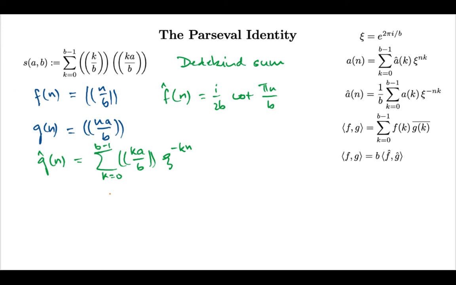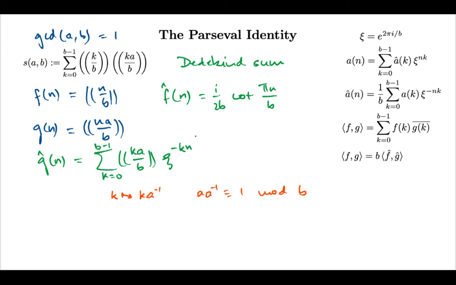I will replace k by k times a inverse. And by a inverse, I mean the inverse of a modulo b. So I need a condition over here so that I can compute this inverse. So here we need to assume that the GCD of a and b is 1. Otherwise, a inverse does not exist.